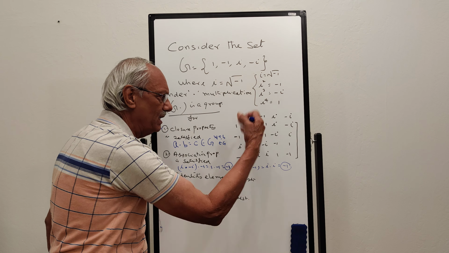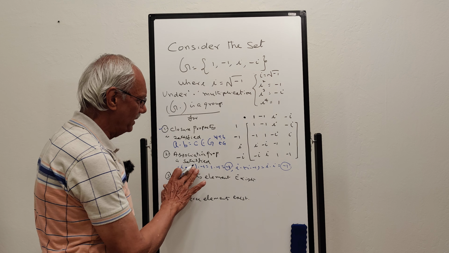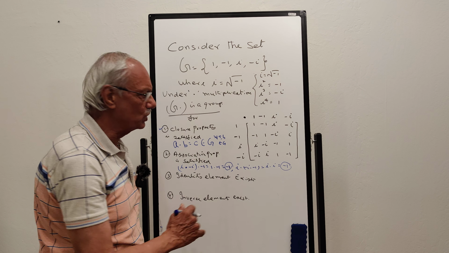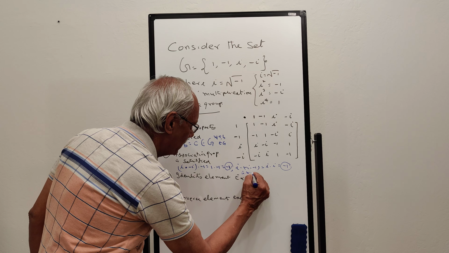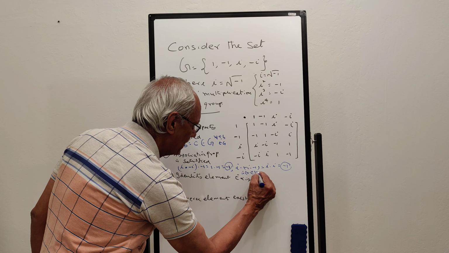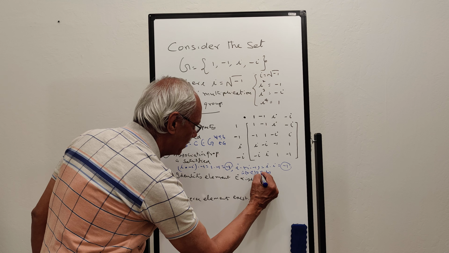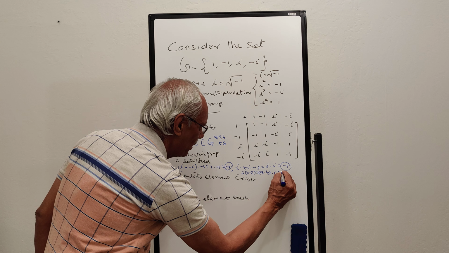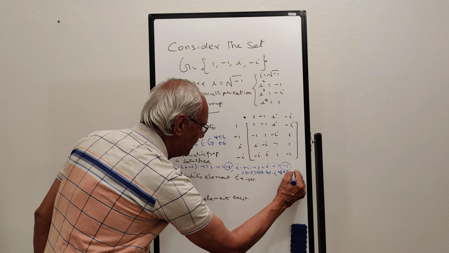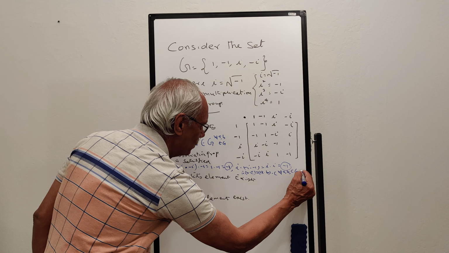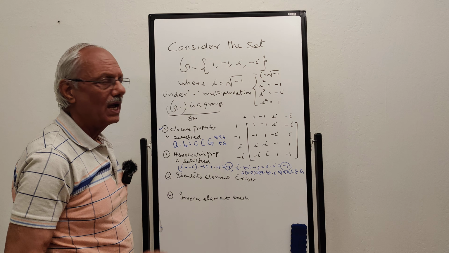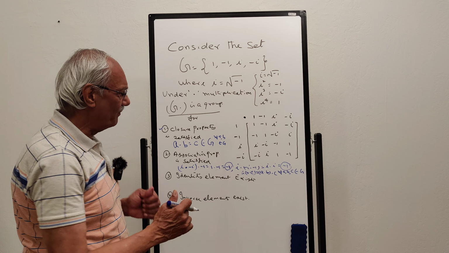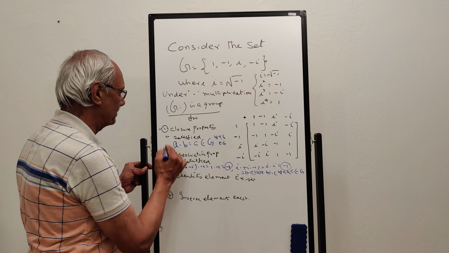This is true for any 3 elements that you take. That means the associative property holds good. Therefore, we say that (a dot b) dot c is equal to a dot (b dot c) for all a, b, c belonging to G.